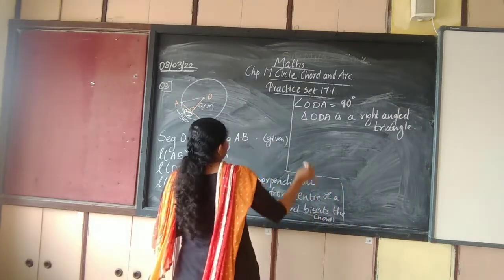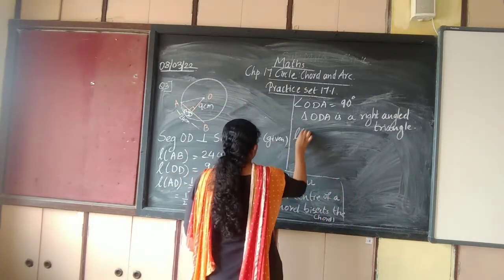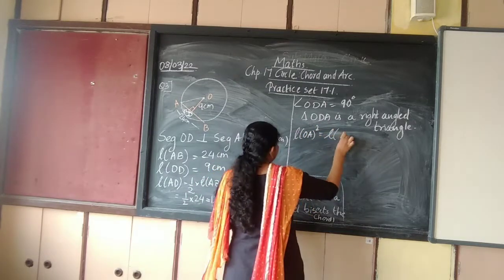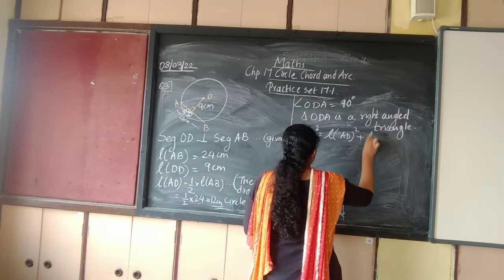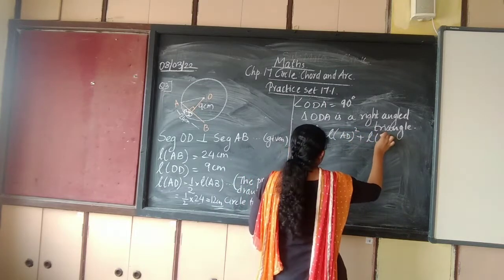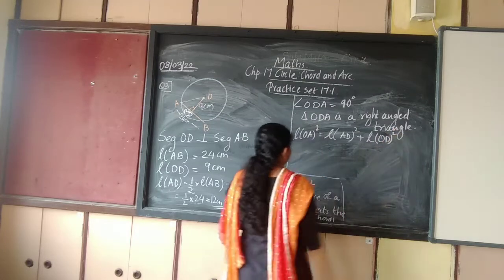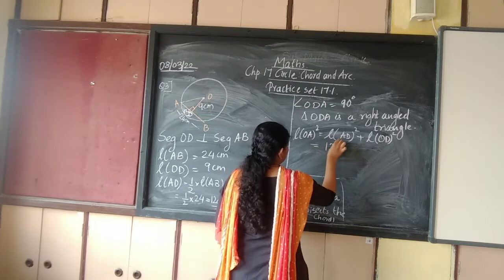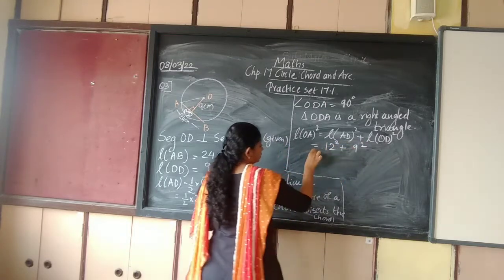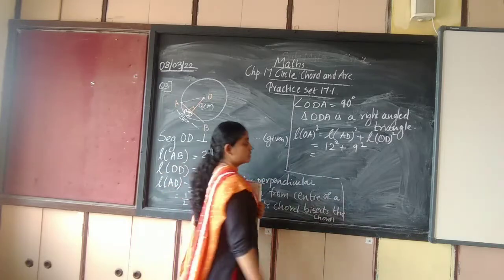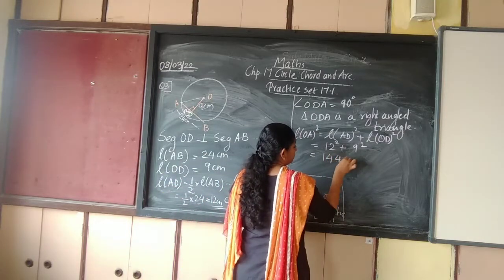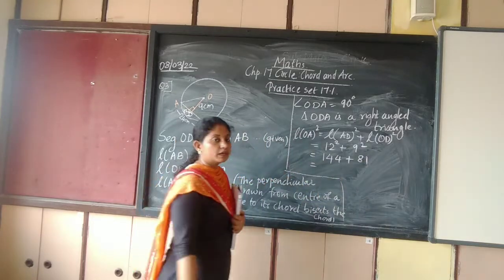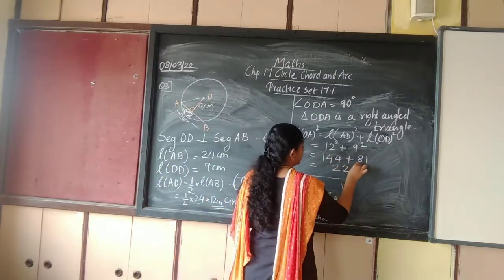So as OA is the hypotenuse, length OA square is equal to length AD square plus length OD square. AD, how much did we get? 12 square plus 9 square. 12 square is how much? It is nothing but 144 plus 81. When you add it up together, you will get how much? You will get 225.